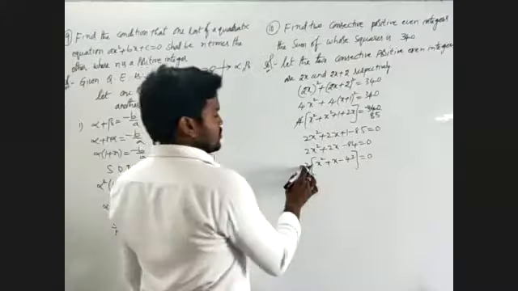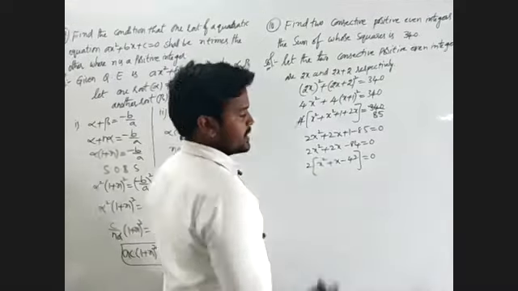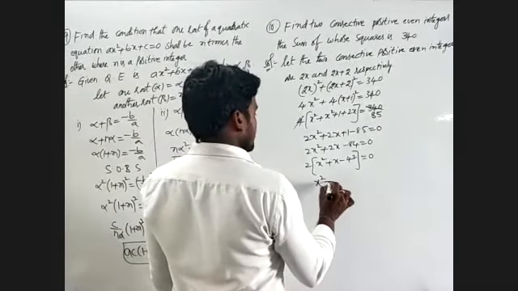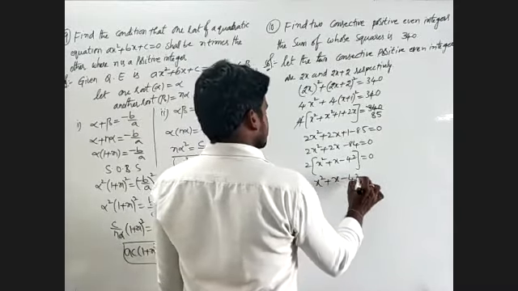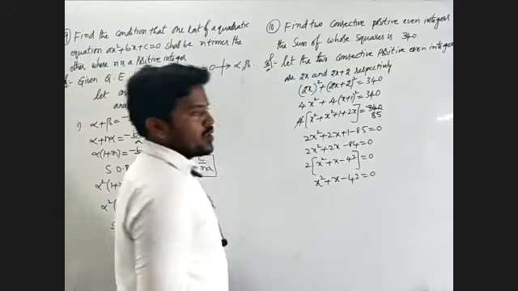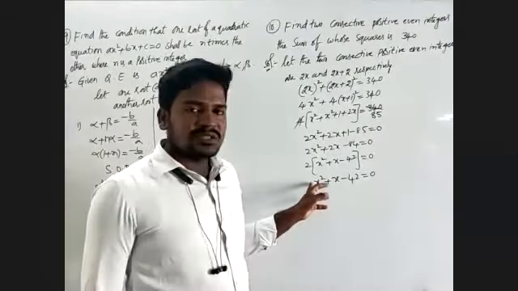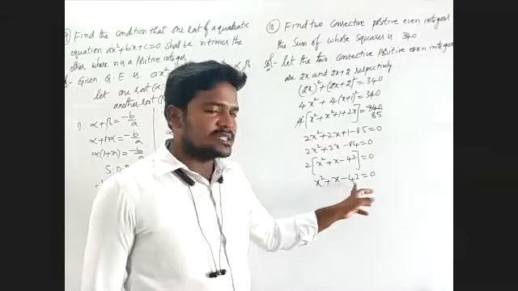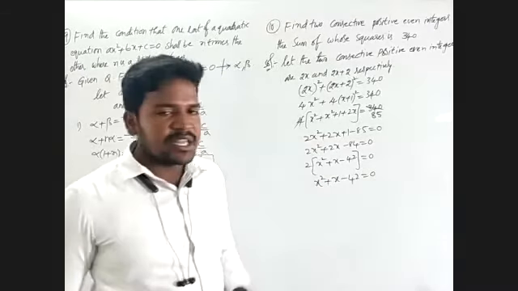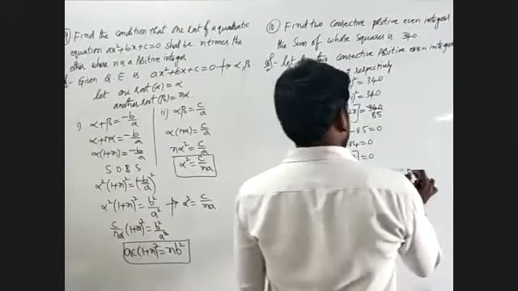Okay, 2 goes to that side, 0 divided by any value is 0. Remaining I will write x square plus x minus 42 is equal to 0. We have to write the coefficients of the given quadratic equation. The x square coefficient is 1, the constant is minus 42. 1 into minus 42 is minus 42.